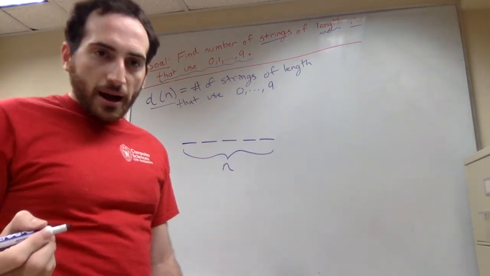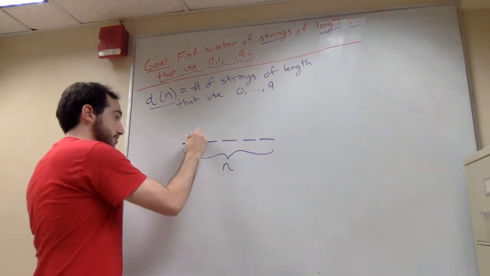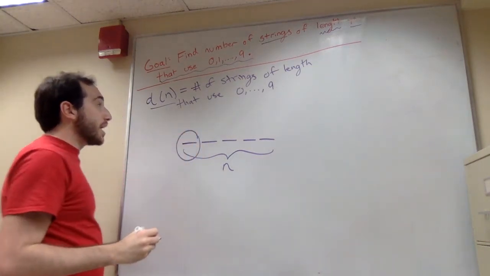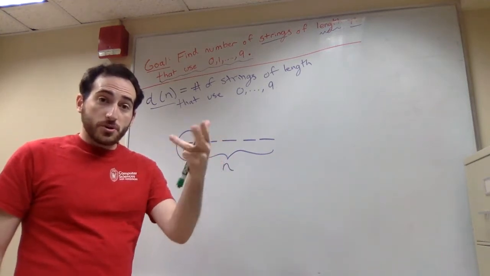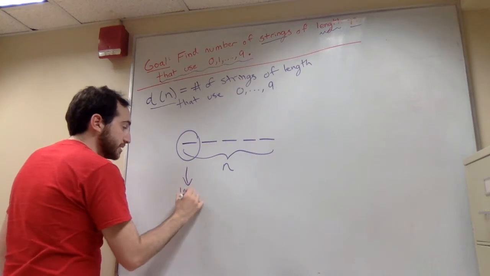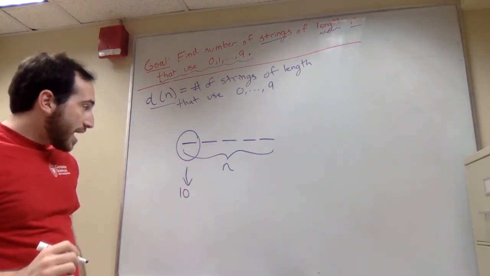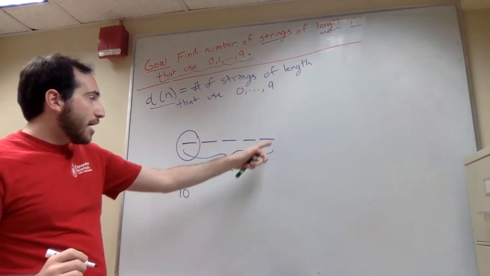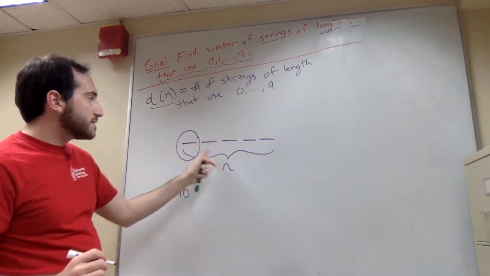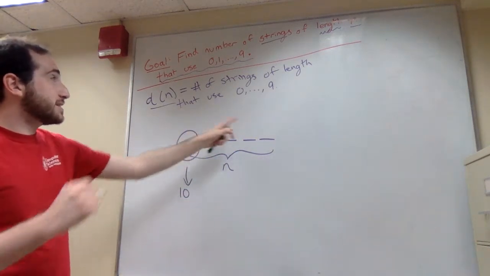Then we can think about how many possibilities there are for the first digit. It could be 0, 1, 2, 3, etc. up to 9. So there are 10 possibilities for the first digit. And what we have left is some part of the string.